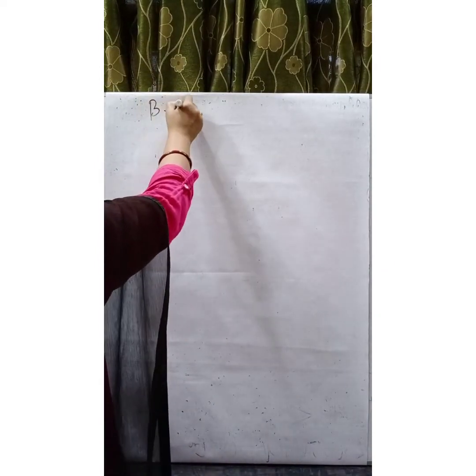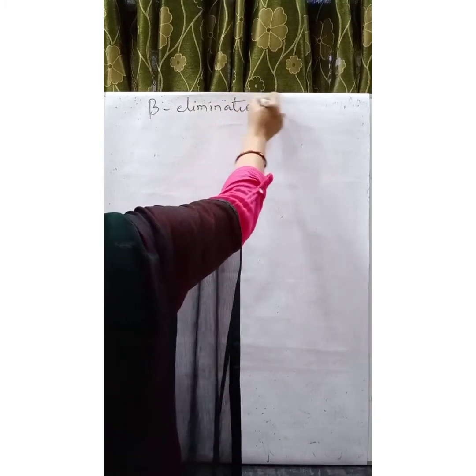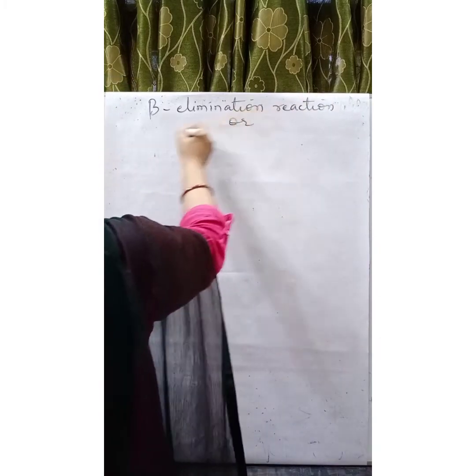In this video, we will continue with the reactions of haloalkanes. We will study about beta elimination reaction and reaction with metals for haloalkanes. So beta elimination reaction is also known as dehydrohalogenation reaction.